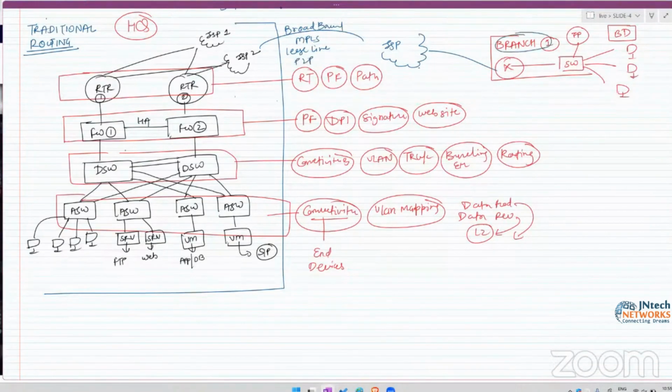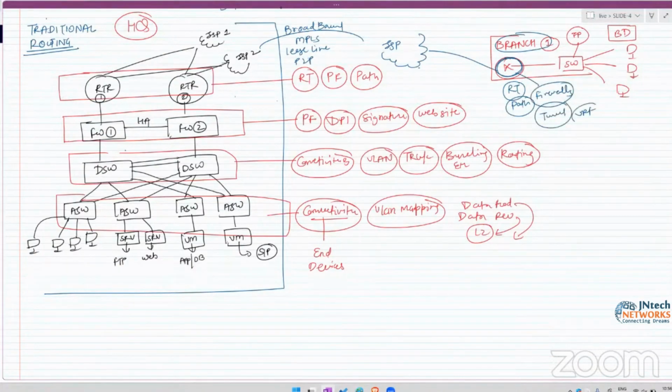Whenever this branch is connected with my HQ, this router must first be configured with routing, then we need to set the path decision, then define some firewall routes, and we also do tunnel configuration, some VRF concept, some IPsec concept to secure your connections, and secure your data traffic between HQ and branches.